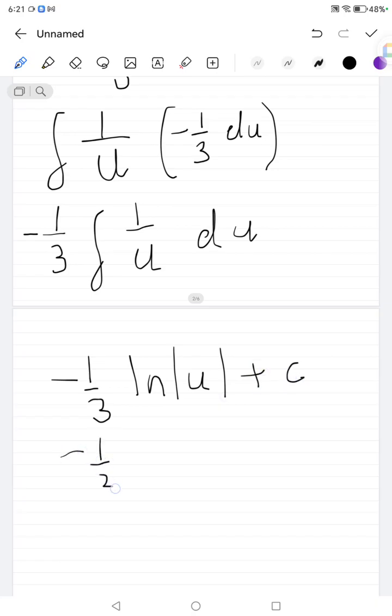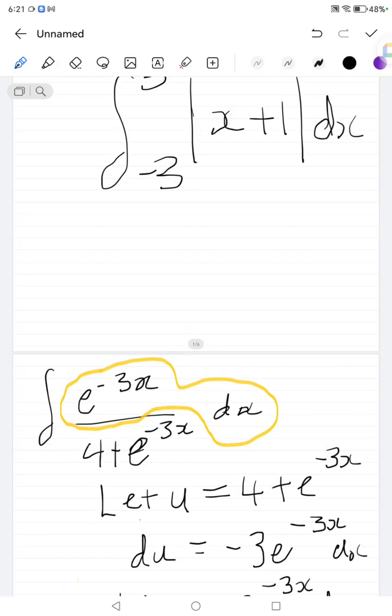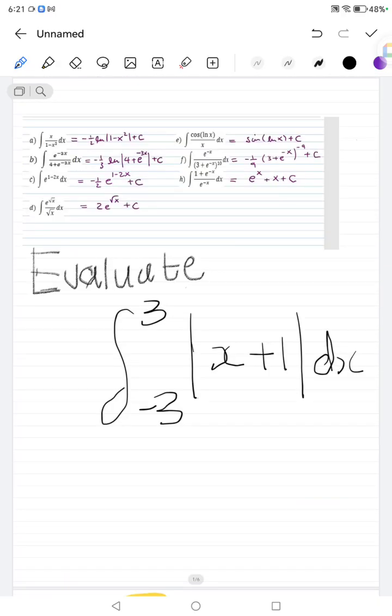Then you have minus 1 over 3 ln of, what was the u, 4 plus e to the exponent minus 3x plus c. So this would be number b, which is this one. This one we've already done.